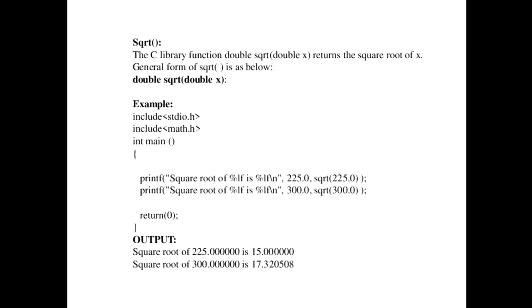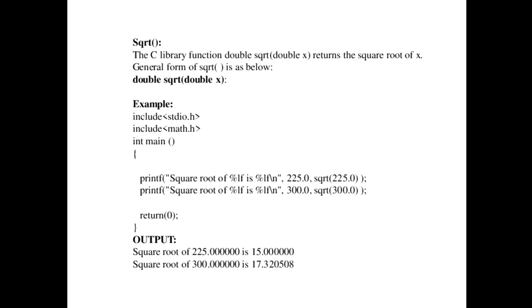The next function is the sqrt function. If you want to find the square root of a given number, then in that situation you have to use the sqrt function. Again, this function takes only one argument of type double, and it returns a double value, and that's why the return data type is double.